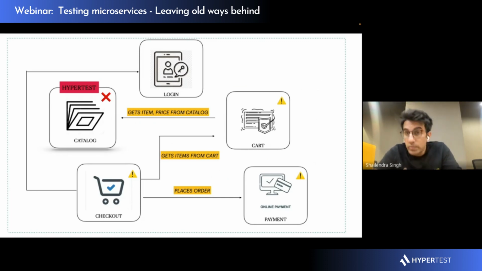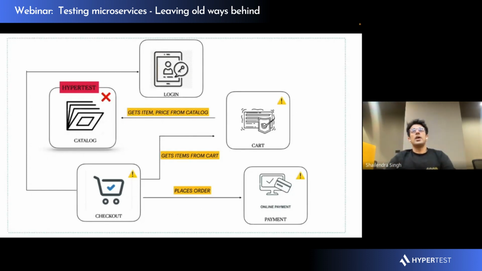The tests for them could also be run, and they'll obviously be notified of the failure. But the best thing about this is that the mocks that these services, cart, checkout, and payment, use to test their own services would be updated because the downstream's response has changed.